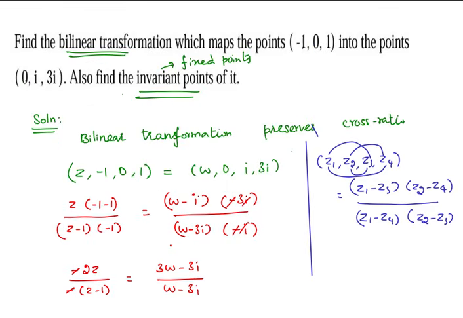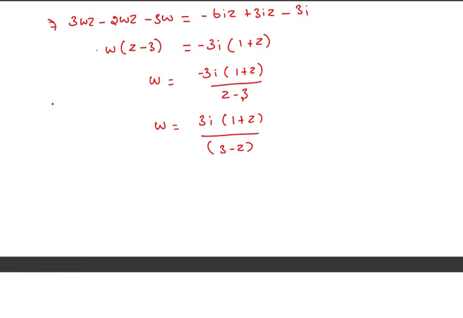Anyhow, I want to cross check it, because minus 1 is mapped to 0. So z is equal to minus 1 gives w equal to 0. Now z is equal to 0: numerator is 3i, denominator is 3, so w equals i.